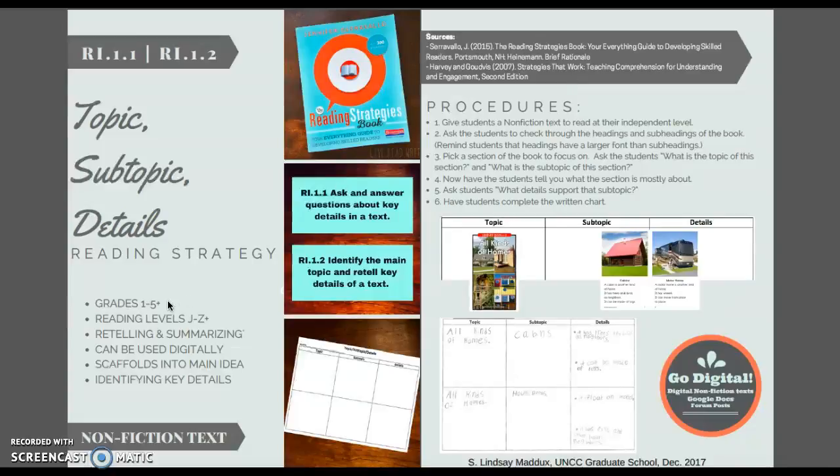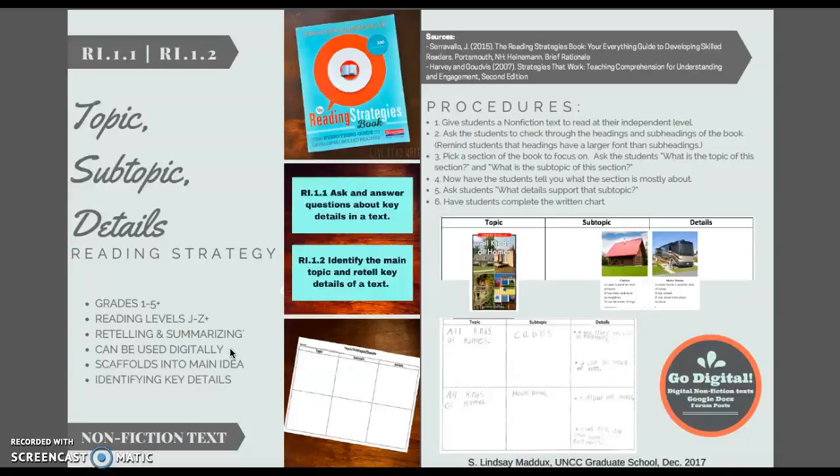It can be focused on grades 1 through 5, but could also be given to grades that are higher, depending on how it's applied within their reading and within your modeling. It is selected for reading levels J through Z, but again can be modified to fit the needs of your readers. This strategy is basically using nonfiction text, and the students are going to be working to develop their retelling and summarizing skills.